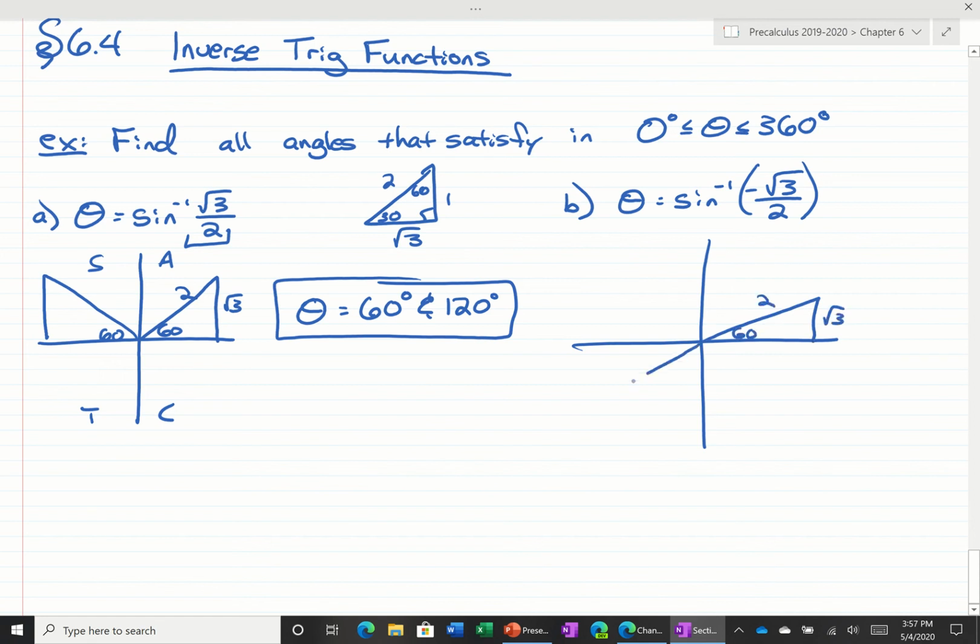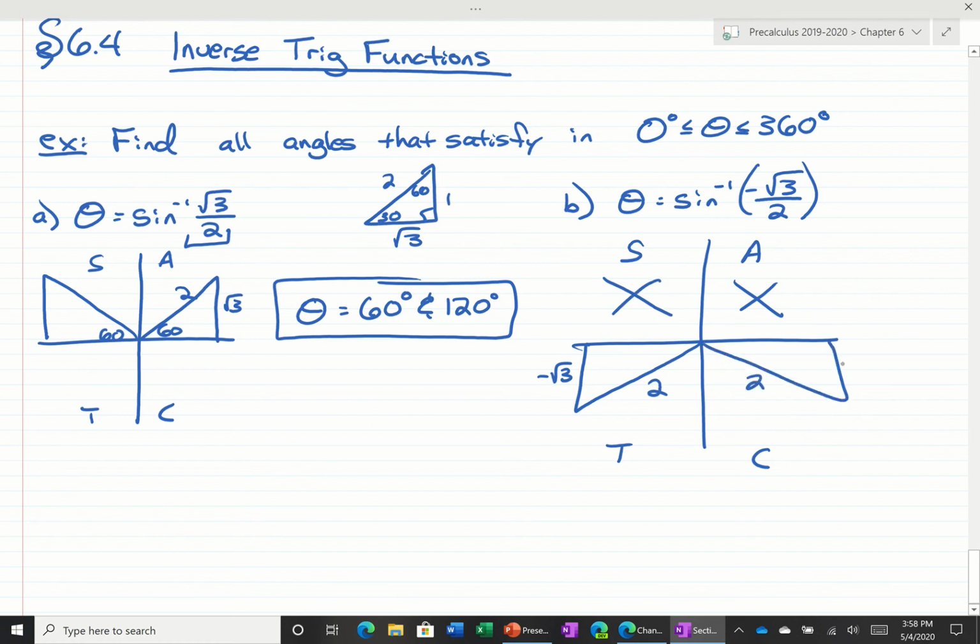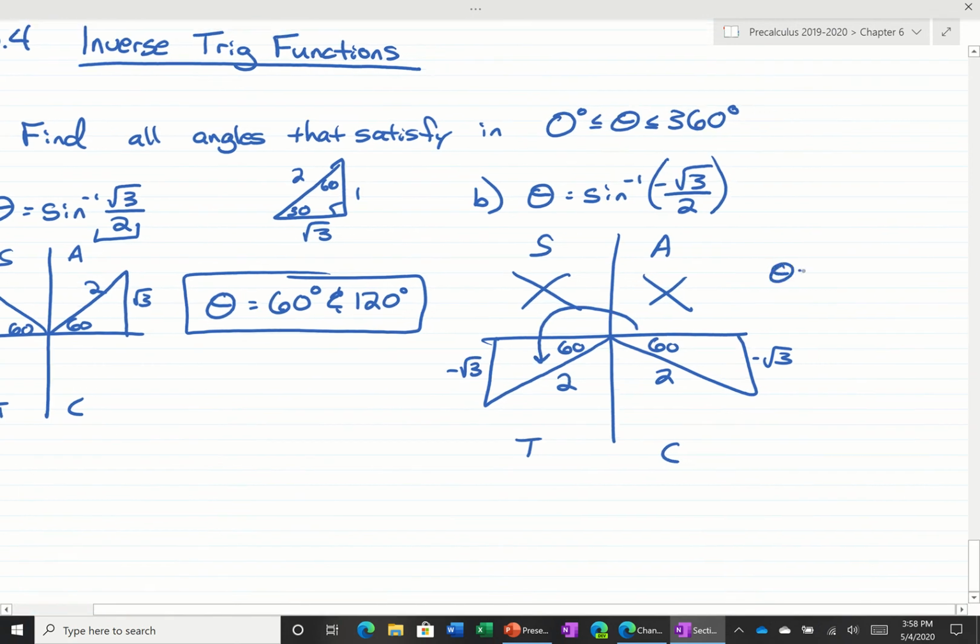I want a sine where the opposite side is negative, so negative root 3 over 2 would be what we're looking for. We draw 60 degrees in the quadrants where sine is negative. So not here, but in these two quadrants. This angle would be 180 plus the 60, and this angle would be 360 minus the 60.